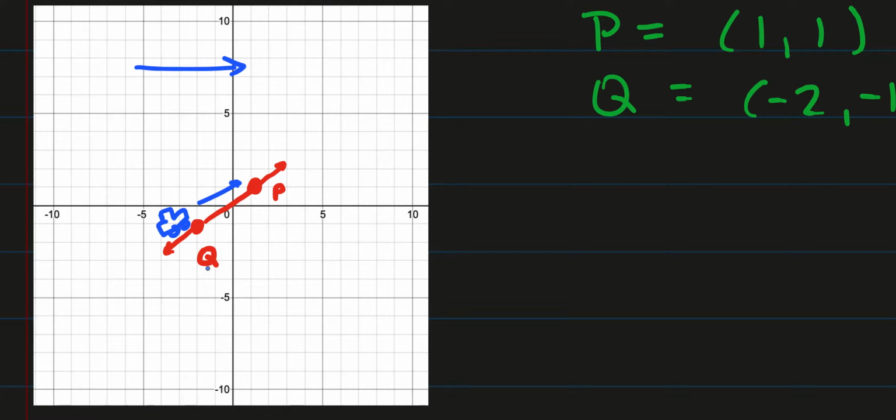And what we're thinking about is how steep this line is. So I'm actually going to give you a formula to calculate it. Let's write down the definition over here.